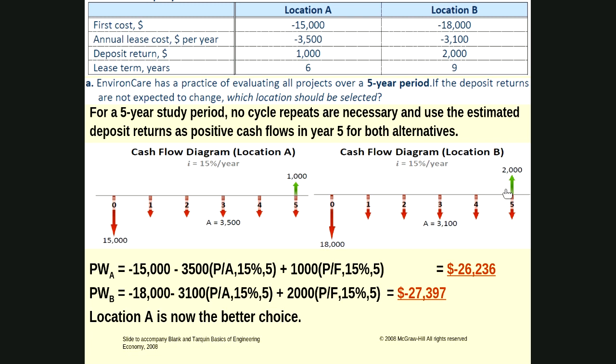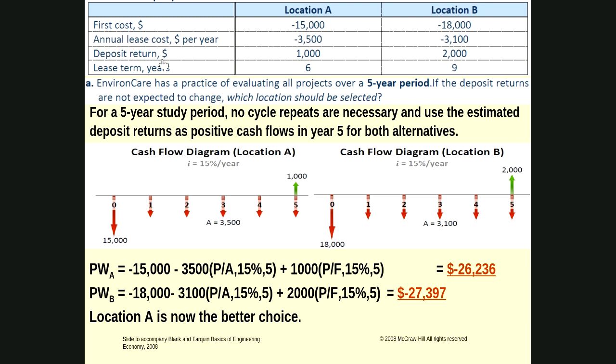Sometimes some questions give you the deposit return or the salvage for the life years, and then give you another row that tells you the salvage for year 5 equals, let's say, 500, and the salvage for alternative B for year 5 is, let's say, 800. So when you do the study period for 5 years, you use that salvage value added in the question as long as it is specified for that number of years, and you ignore the other salvage.